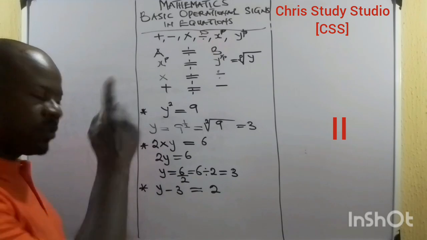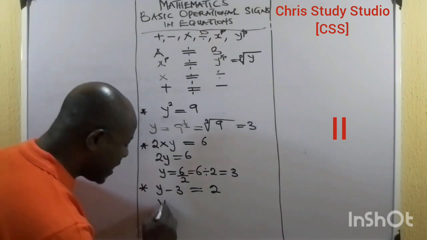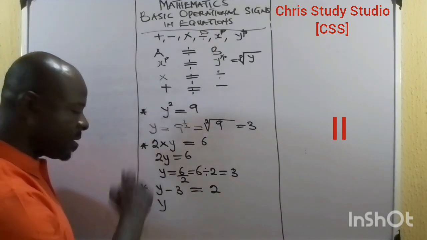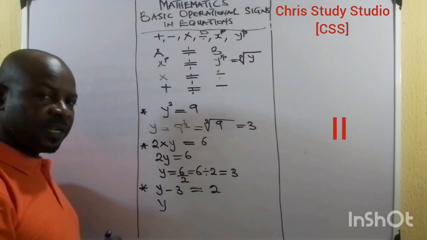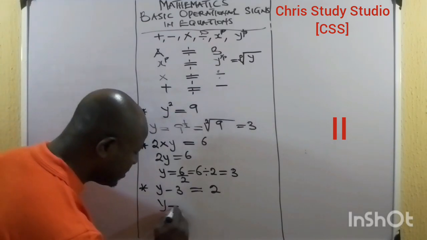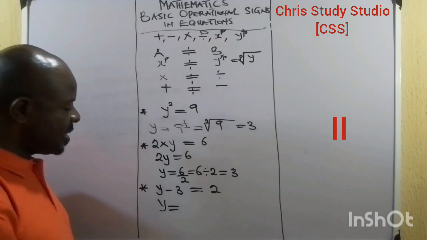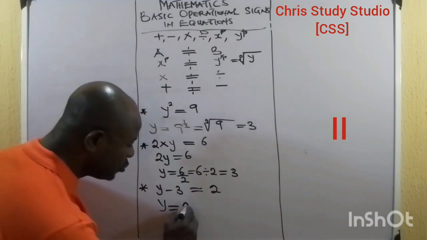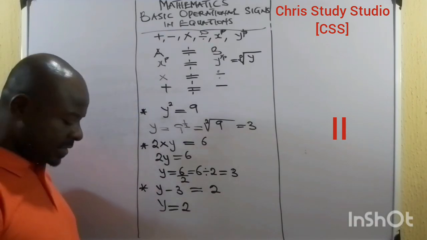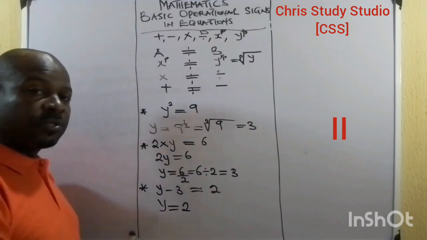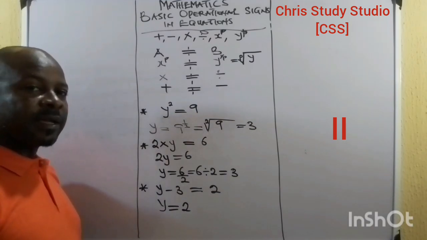So we tell minus 3 to leave, and we are left with y. Minus 3 is still in the air. We meet equals to, remember the bridge or the fence. And then we meet 2. And then it's now time for minus 3 to fall down from the sky.